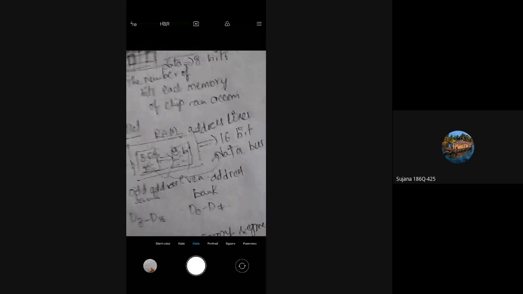Whatever address lines are present in these two chips, considered as a single chip, are connected to 8086. Then you connect the read and write commands. These signals are initiated by 8086 to get access, so the read bar and write bar signals are initiated by the microprocessor.